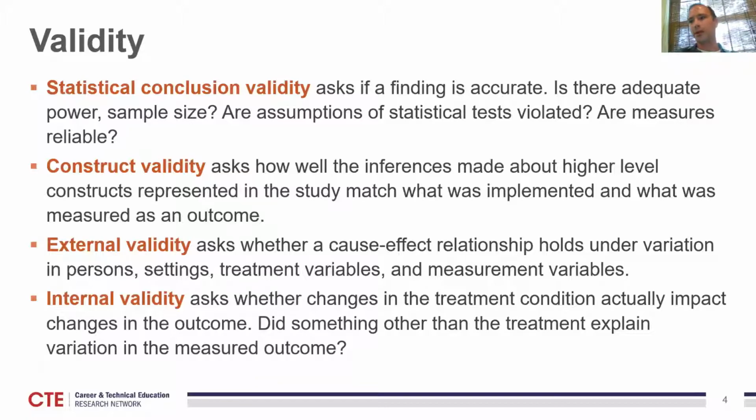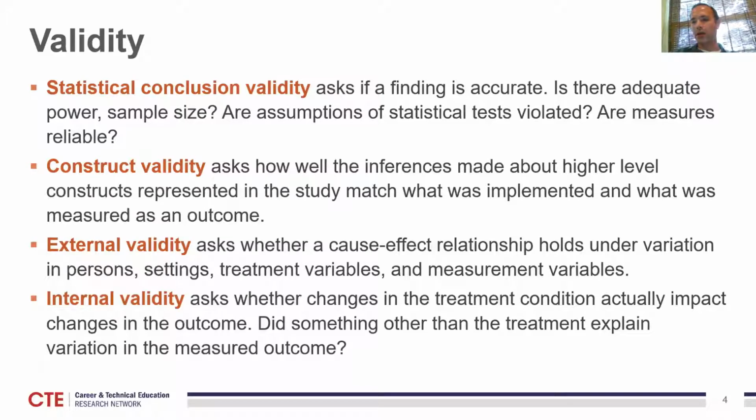Statistical conclusion validity is whether the statistical methods were, you had enough power, for example, to see the difference in outcomes in a rigorous way, or whether or not you violated some assumptions that were necessary for the method to yield causal effects.